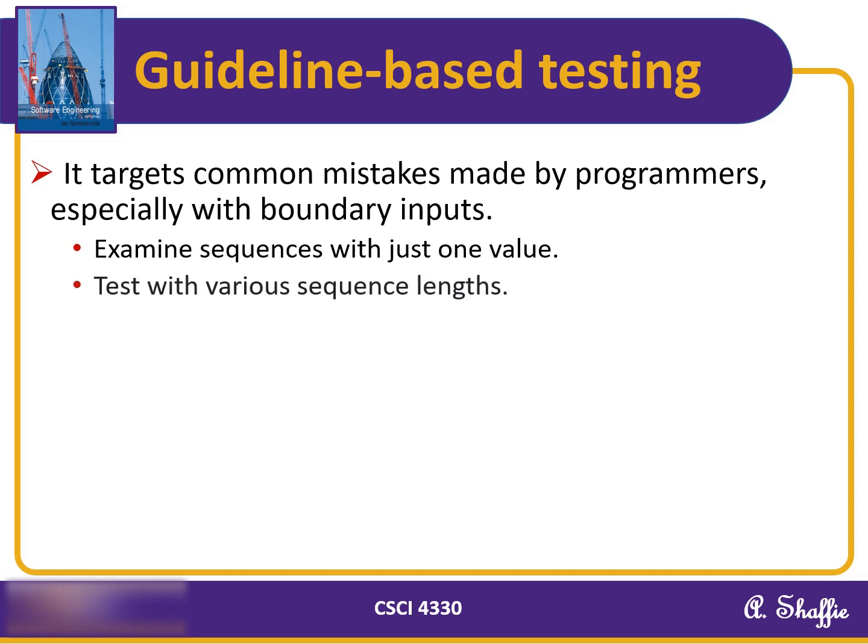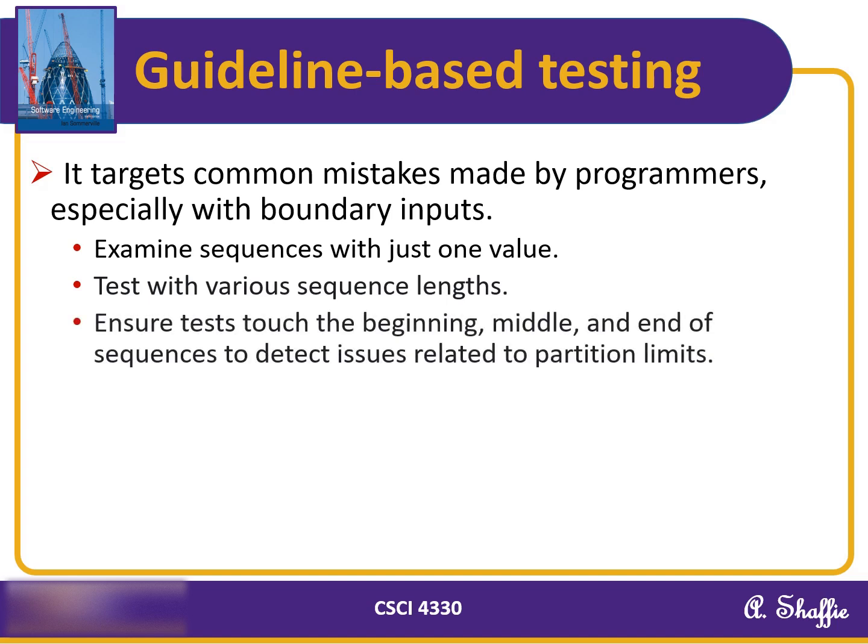Test with various sequence lengths, including very short and very long sequences, to check for unexpected behavior. Make sure to test sequences that touch the beginning, middle, and end of a partition, as this can help detect issues related to boundary conditions. Let's say in a grading system, 90% should be considered as A or B.